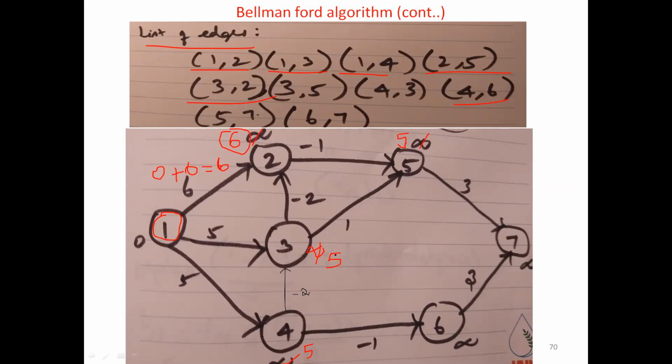That's the meaning. So 3 comma 2: 5 minus 2 is 3. But 6 is greater, so I have to update the value.